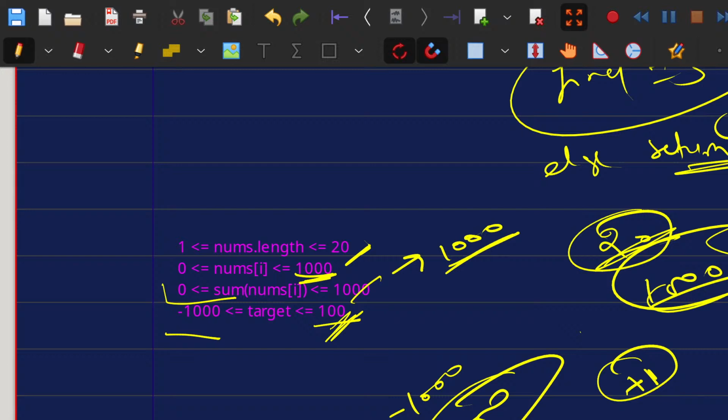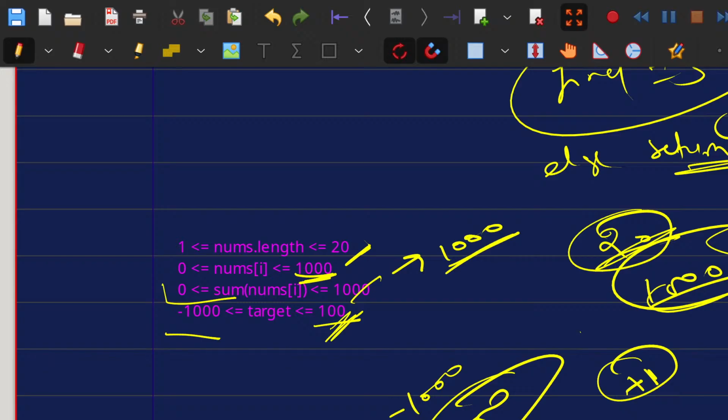My target is negative, plus 1. Can we achieve the target? No. So we have to manage this, no?